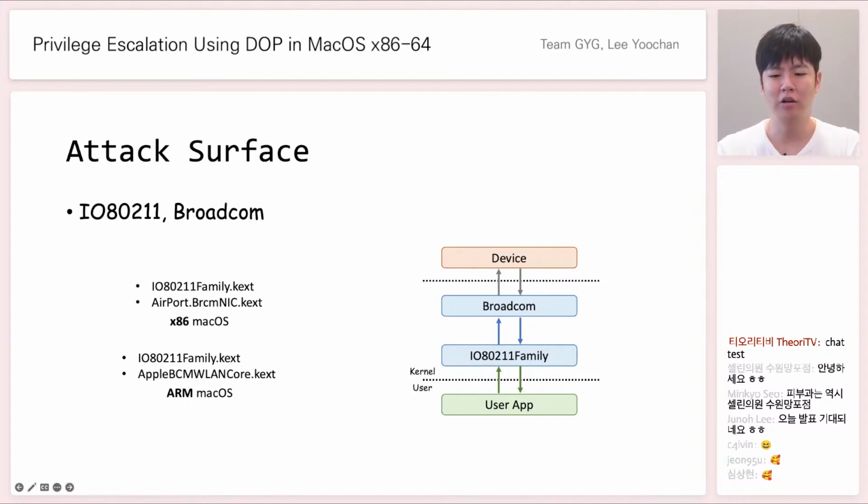As you see, the kernel extension is different between the architectures of macOS. They do the same operation but slightly differently. Fewer functions are available for kernel modules on ARM.